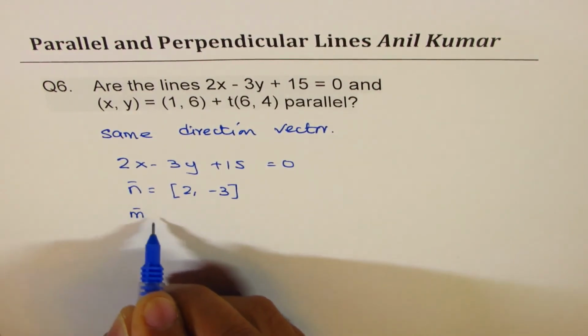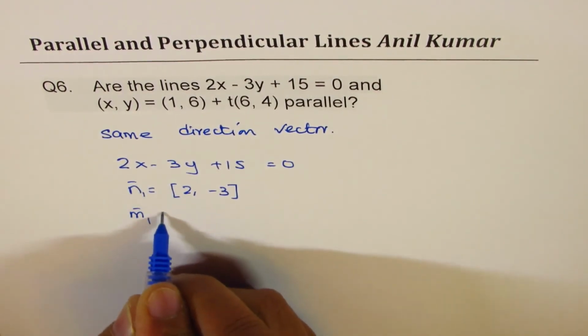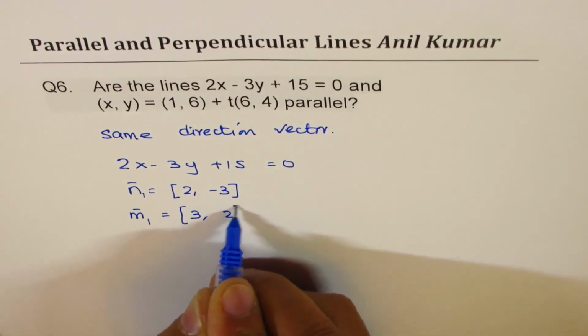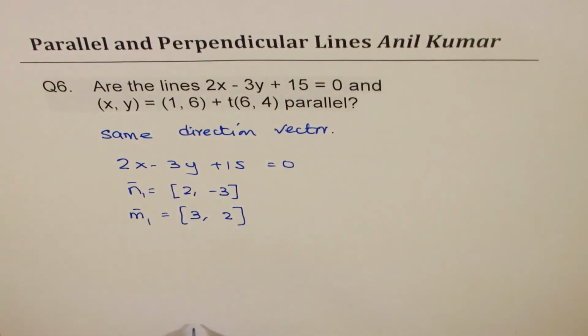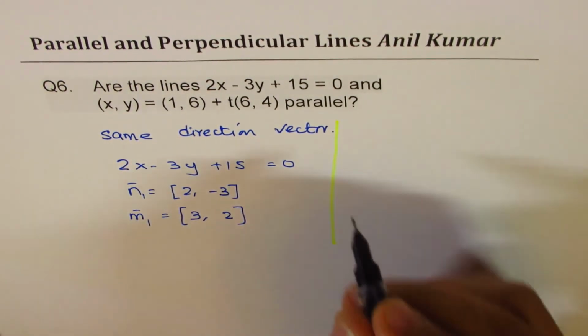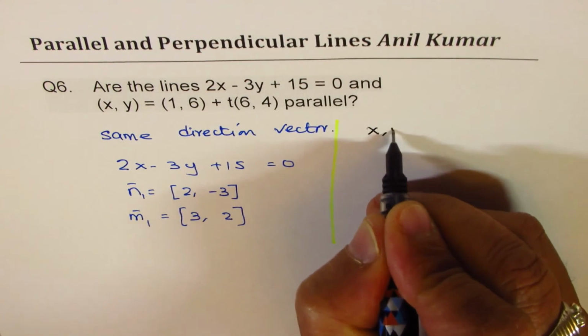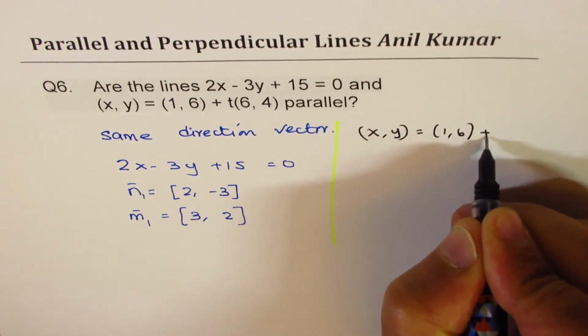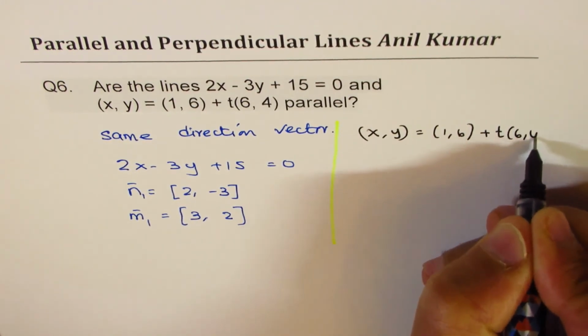What is the direction? Let's call this line 1. Direction will be, you can flip it, change one of the signs, so we make it positive. Perfect. Now let's work with the other equation. The second equation given to us is (x, y) equals (1, 6) plus t (6, 4).